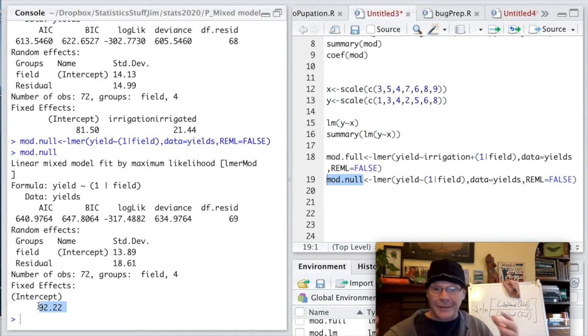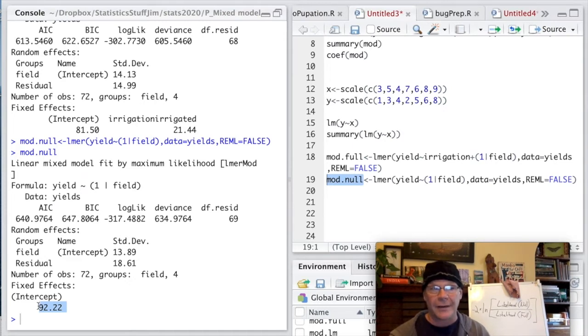So it's a nested structure where, if you recall, when we were using AIC, we could compare all kinds of different models, and they didn't necessarily have to include any of the same predictors. With a likelihood ratio test, our full model is one that includes all the parameters of interest at that moment, and then our null model is the one that doesn't include those parameters, but it doesn't include any other additional parameters.